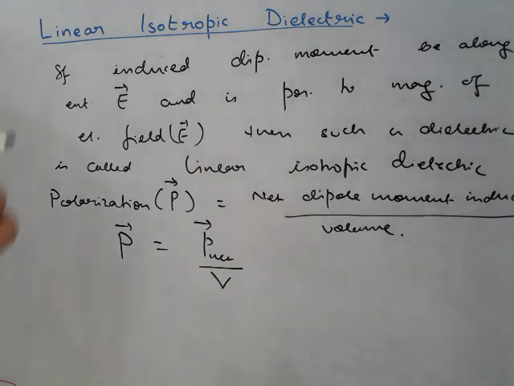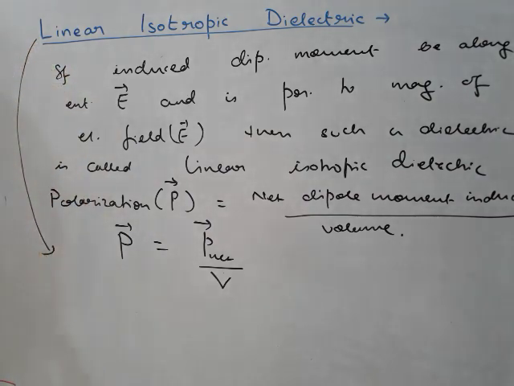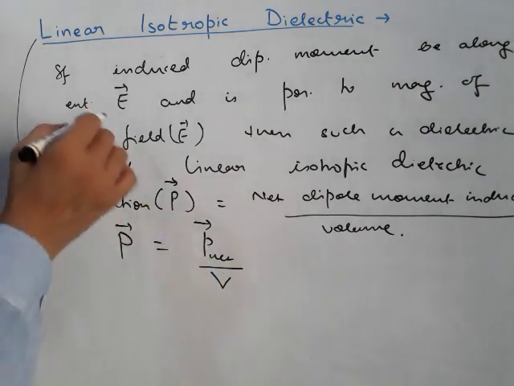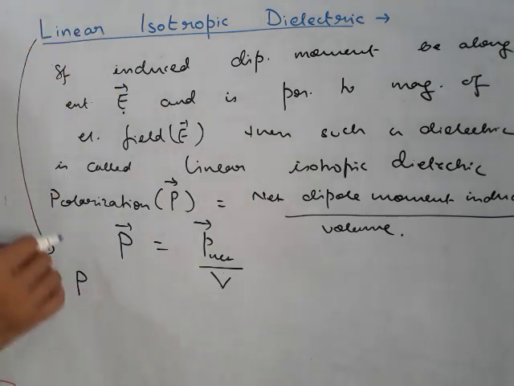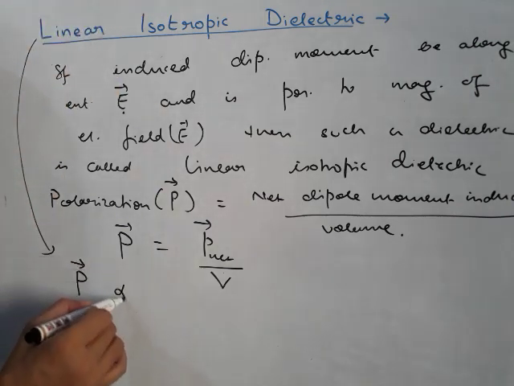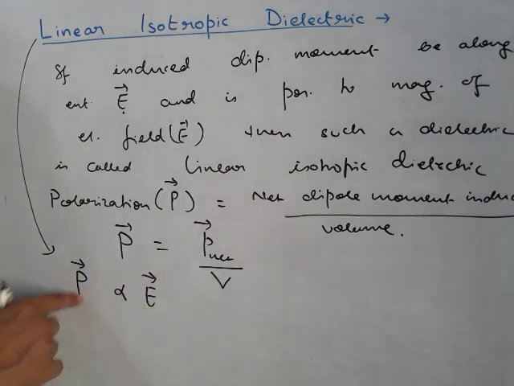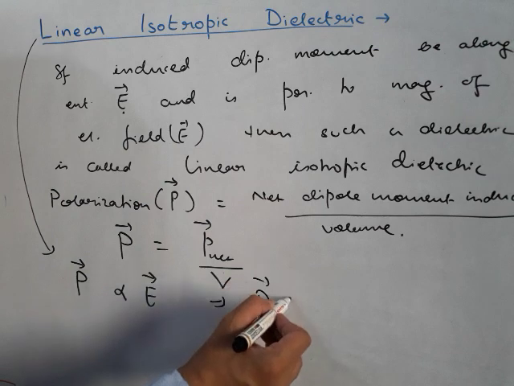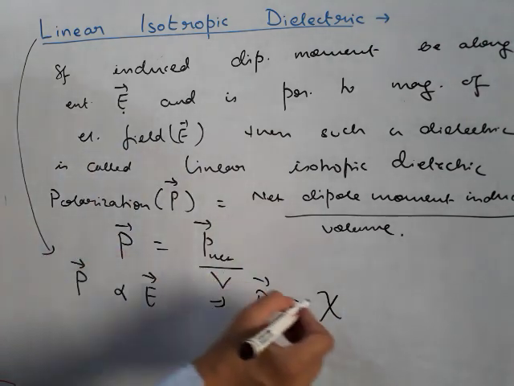So this polarization for linear isotropic dielectric, that means for those dielectrics for which this P net, or hence we can say P, is directly proportional to the electric field. So for linear isotropic dielectrics we can write the polarization is proportional to E vector. It is proportional to E vector means it is in same direction and it is proportional to the strength of this electric field. So this implies we can write P vector is equal to some constant into E. That constant we represent by the symbol chi.